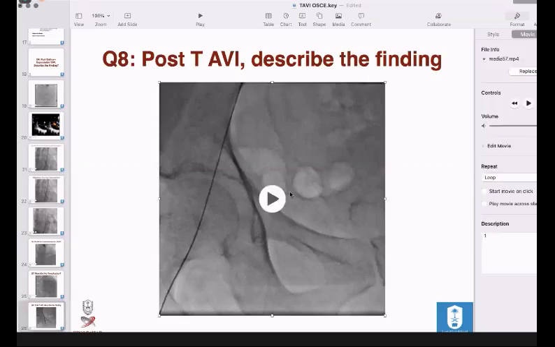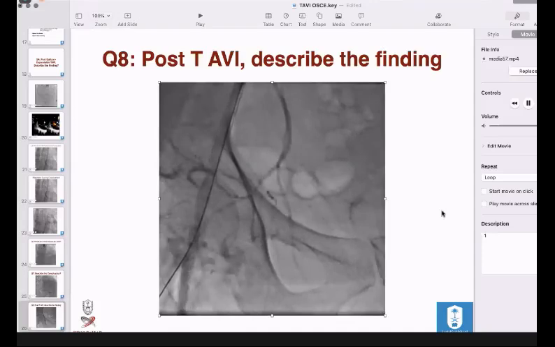Post-TAVI, after removal of the sheath, you find this. Describe the finding and how you're going to manage it. It's a peripheral vascular perforation.